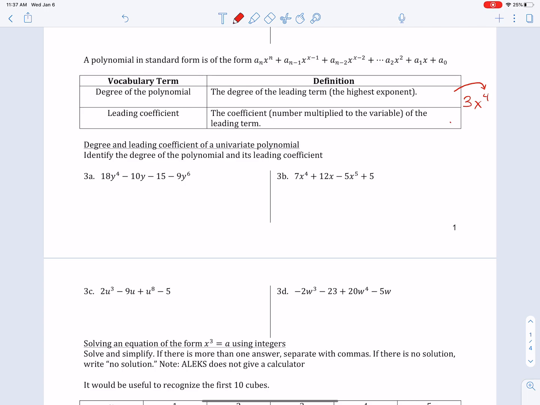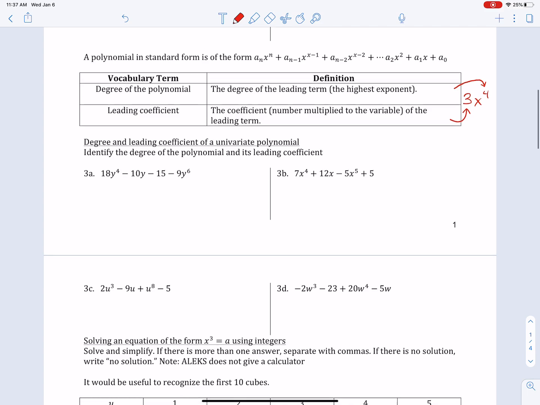So this one down here is going to be our 3. Okay, so that's that. Coefficient is just the number before the variable, and then the degree is basically the highest exponent, or the largest exponent you can think of. And I'll show you what I mean right now.